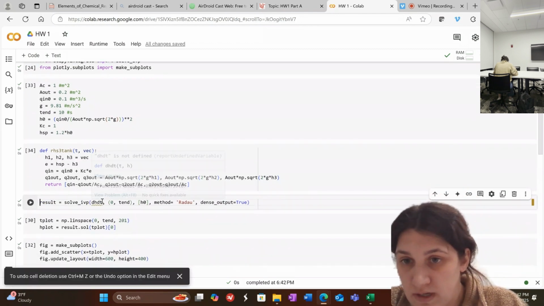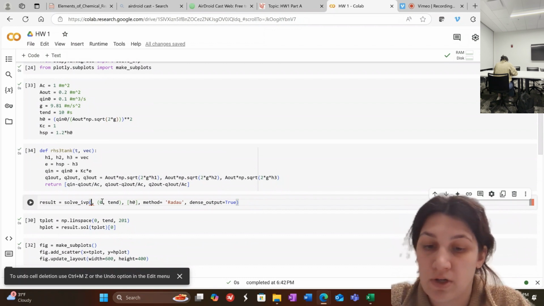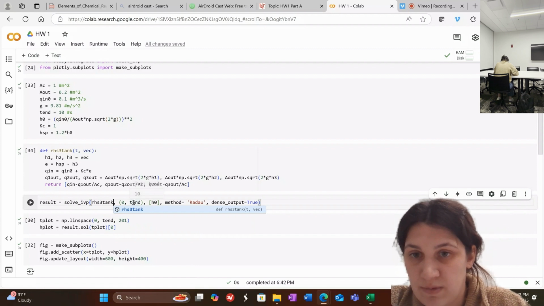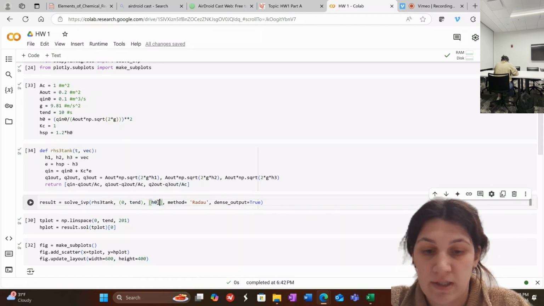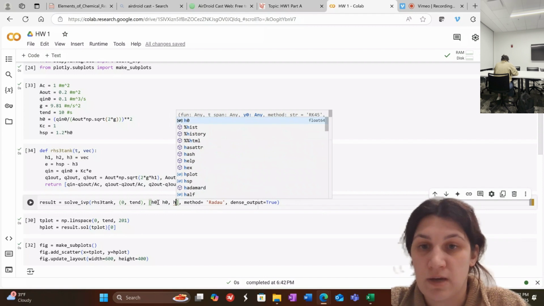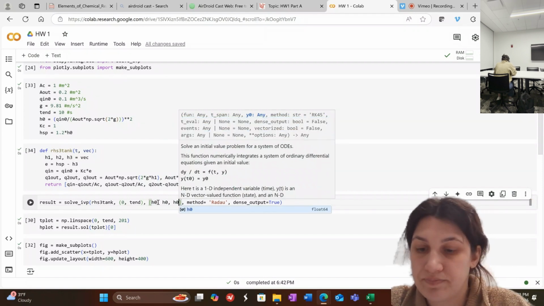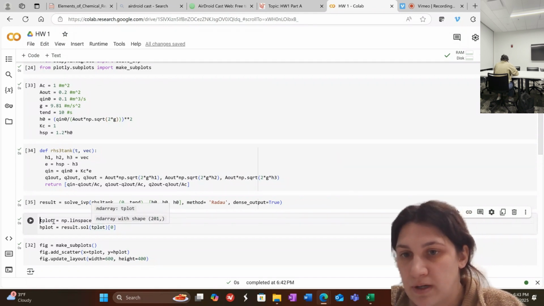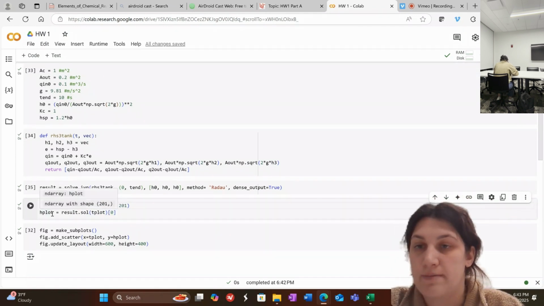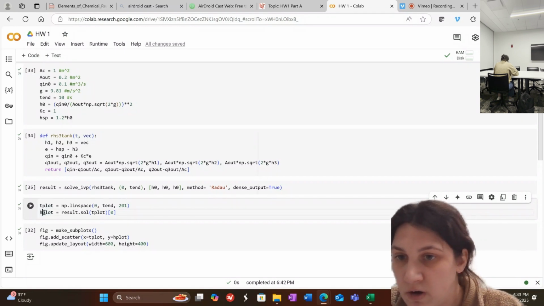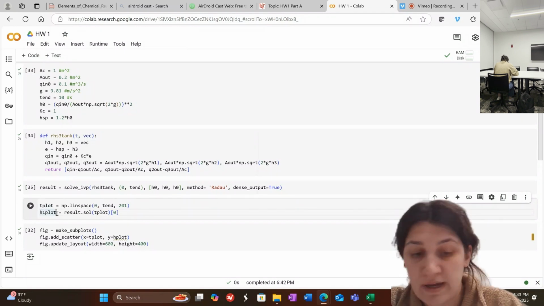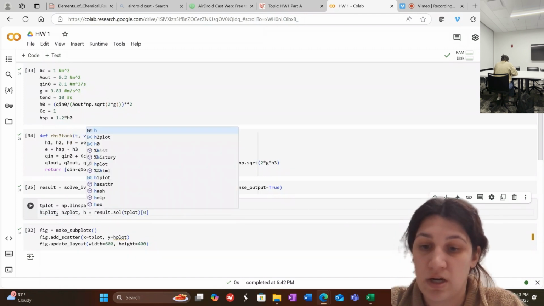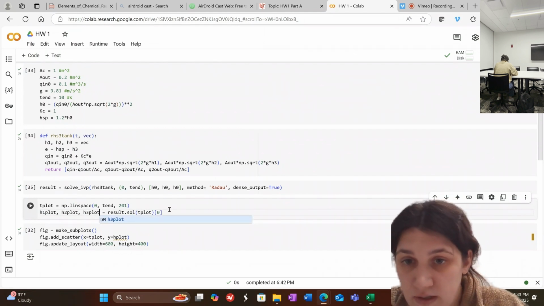Now, for our result, we have to change this function name to our new function, which is right-hand side 3 tank. We still have these parameters set the same. This initial value is still good, but we want to have the same one for each of our tanks. Now, for plotting, our x-axis is the same, but now we have 3 tanks that we want to see on our y-axis, so we can have h1 plot, h2 plot, and h3 plot.